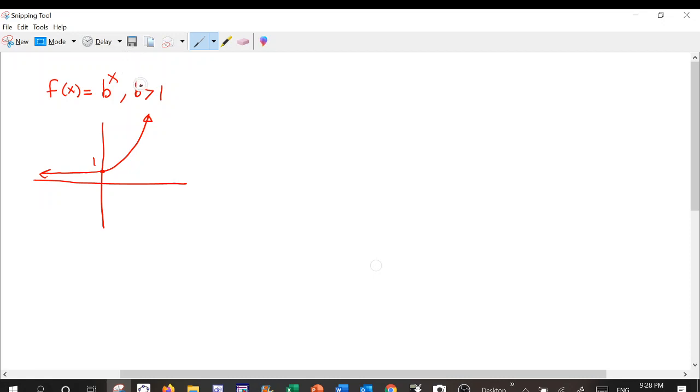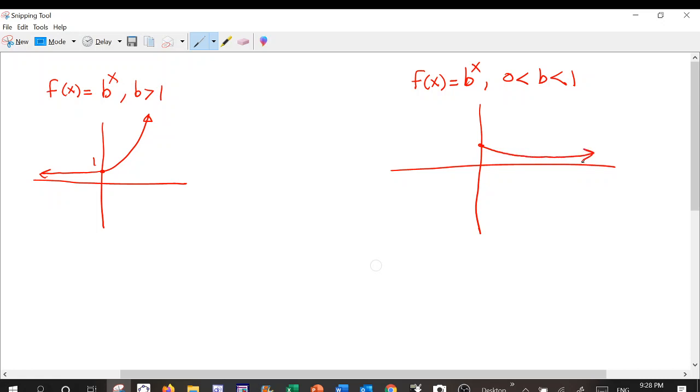So now the question, of course, we had another family. Let me also write it here, b to x, where b was between 0 and 1. And the graph of those looks like, it is decreasing, right, like that, and it goes up, right?